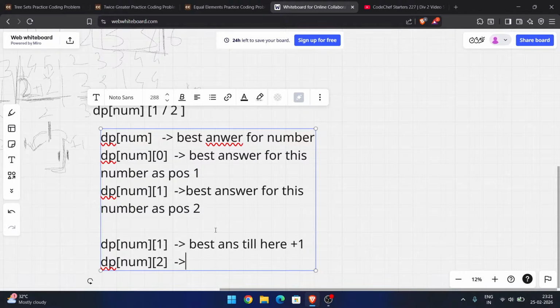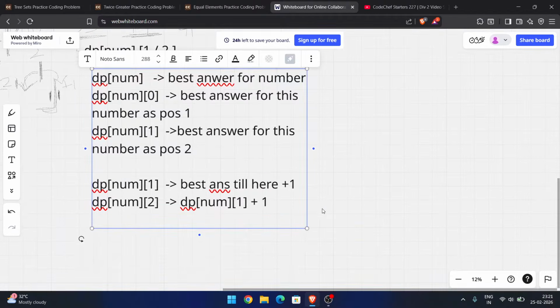And if I have to choose this as the second position, then this number should have been picked earlier. This DP stores the best answer for this number as position 1. So for position 2, I can simply add to this, plus 1.